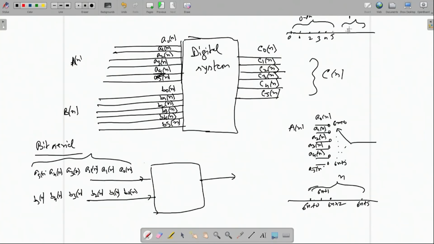Then first it will be what? 6, 7 dot dot dot up to 11. So, if you that way go to nth, you will see 6n plus 0, 6n plus 1, 6n plus 2 like that. It is very easy to check.